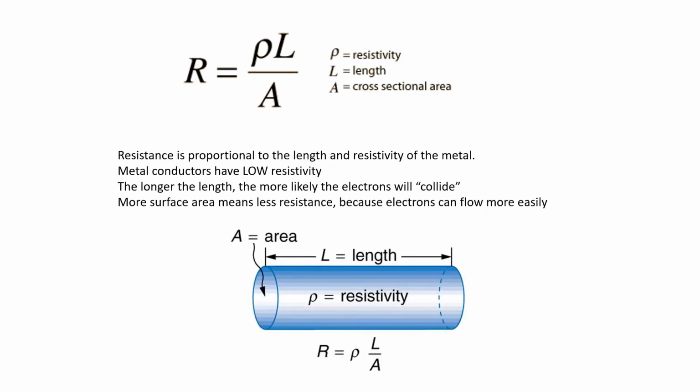So here you've got the equation R is equal to rho times L over A. Resistance is proportional to the length and resistivity of the metal.